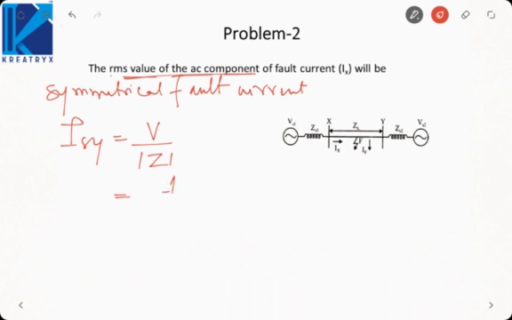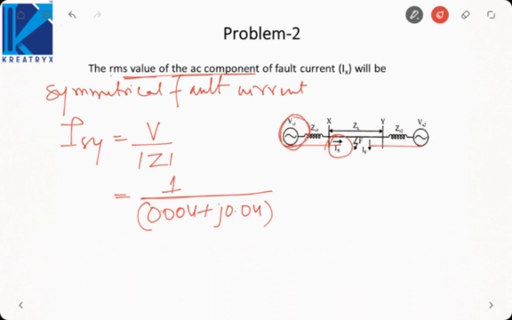First we will take 1 angle 0 because of no load condition. Mod Z is 0.004 plus J0.04. Why am I not taking the equivalent of this and this? Because it is only asking about Ix, and Ix will be supplied by Vs1.